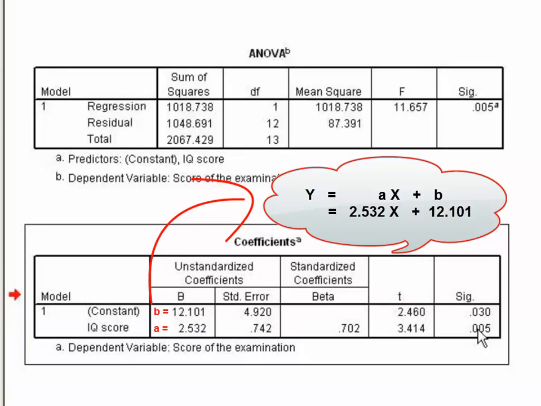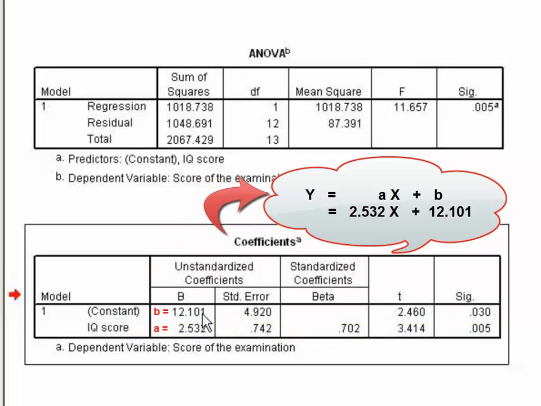However, the sig value for constant b, 0.030, is less than 0.05, which means the factors, constants, excluding IQ score have a significant role to predict the achievement score. And also the sig value of constant A for IQ score, 0.005, is less than 0.05, which means that IQ score also has a significant role to predict the student's achievement.